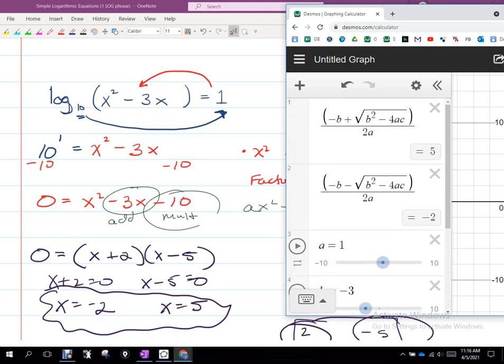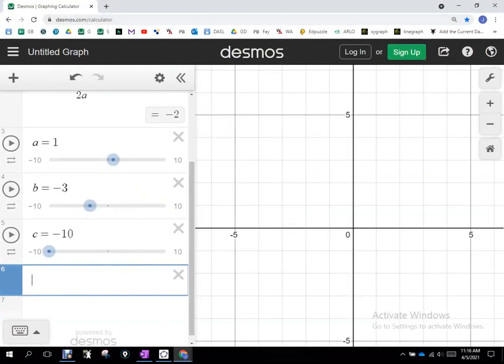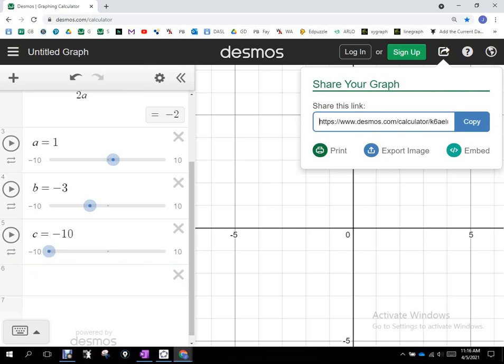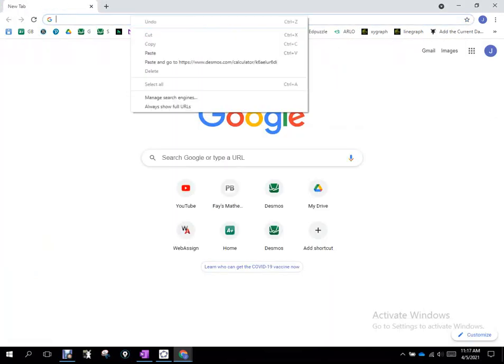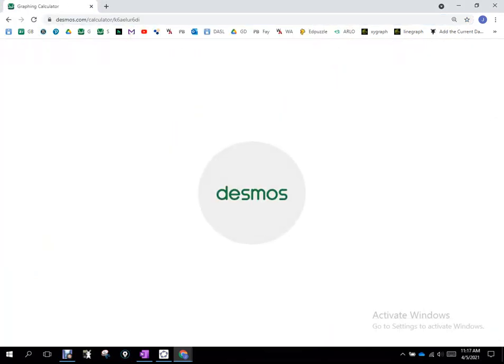This quadratic formula here is your safety net, right? So what I would do if I were you is, you see where it says share graph here? You can copy this. And now I'm going to close this all out, leave it, paste, and go.